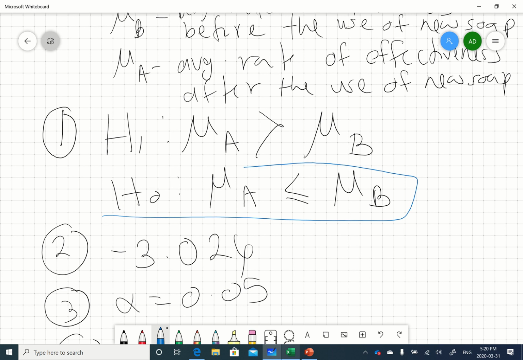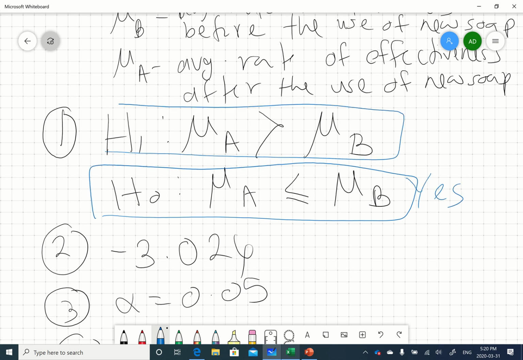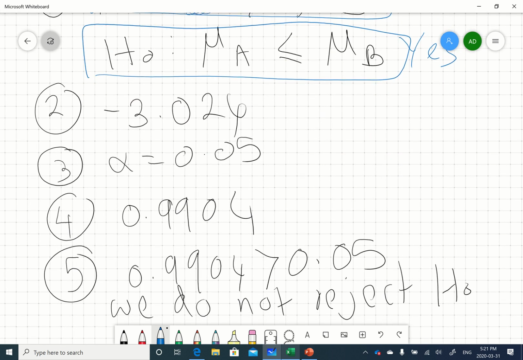So yes to this, no to that. Okay, so we do not reject H naught means we accept it. That means, in other words, we reject the alternative. Rejecting the alternative means the effectiveness has not gone up after introducing the new soap, right? It is still lower or the same, right? This part is very important.